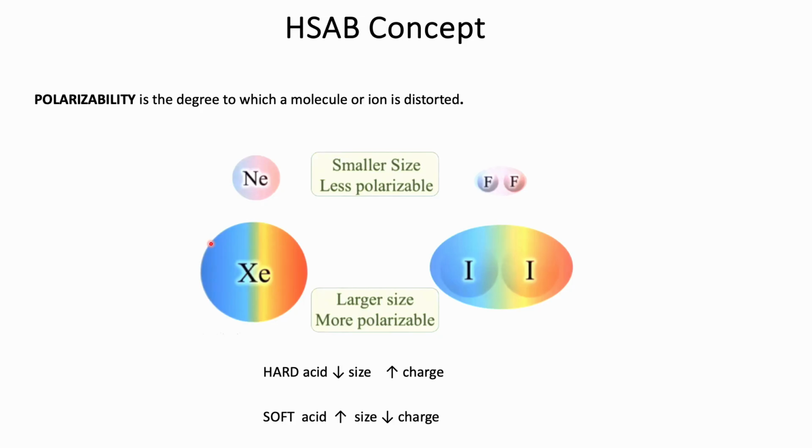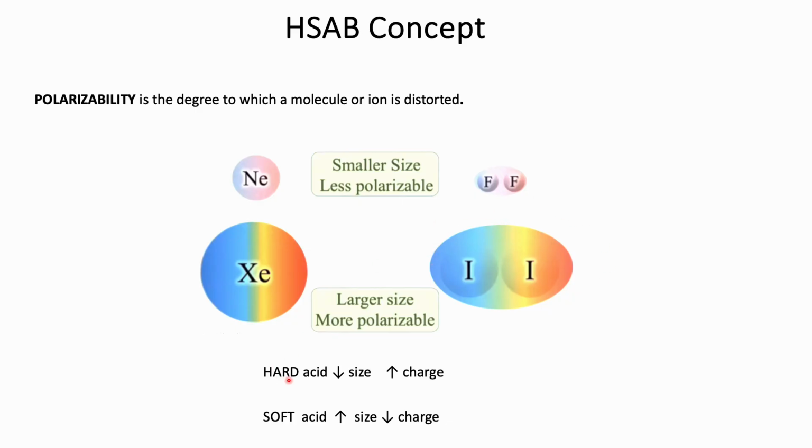The bigger the atom, the more polarizable. Smaller atoms are less polarizable because they do not have more electron cloud to distort, while larger atoms such as xenon and iodine are more polarizable because their electron clouds are easily distorted or induced.